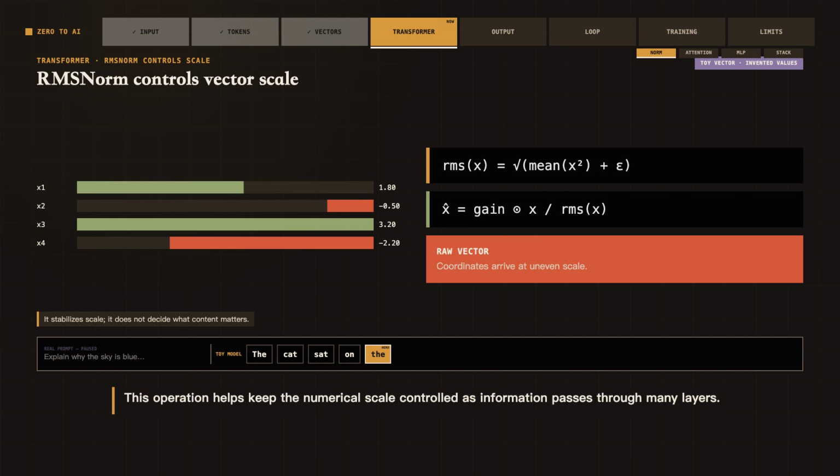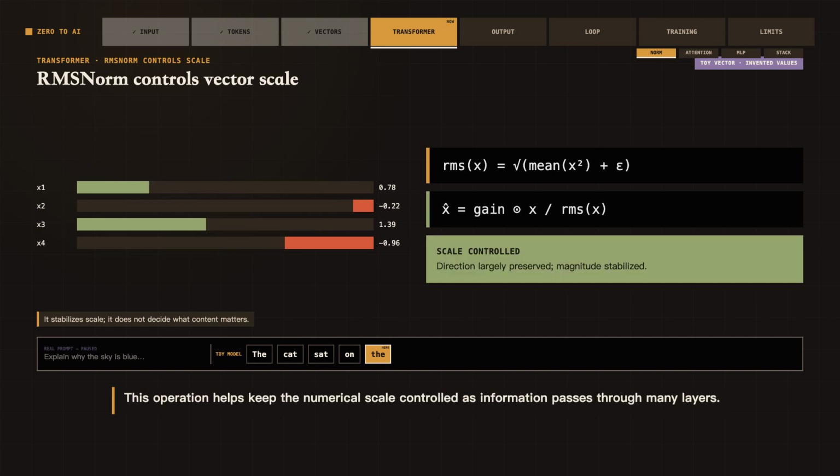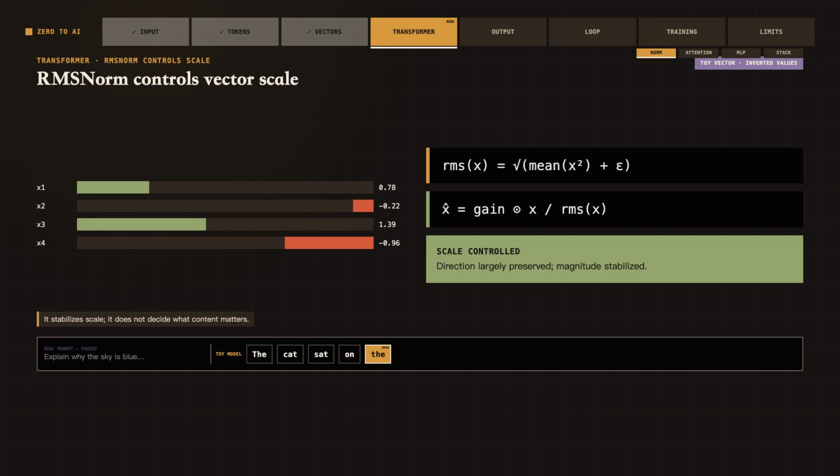This operation helps keep the numerical scale controlled as information passes through many layers. RMSNorm is not deciding which earlier word matters. It is not adding a fact. It is normalizing a vector before the next learned transformation. The normalized matrix has the same shape as the input, n by d.